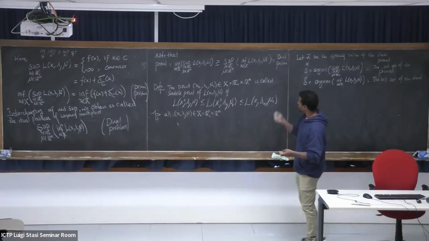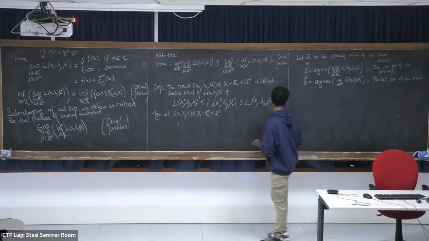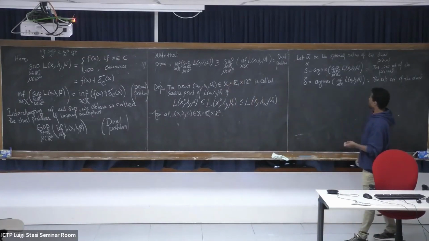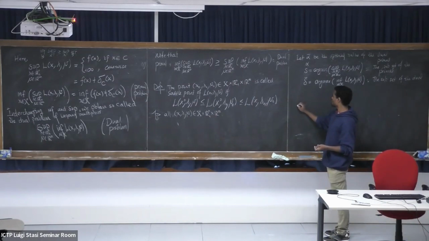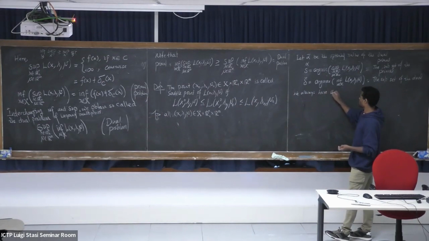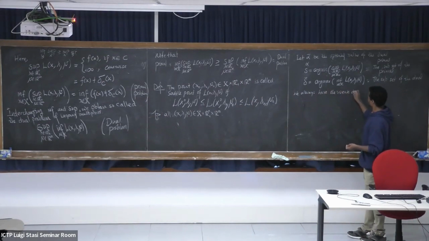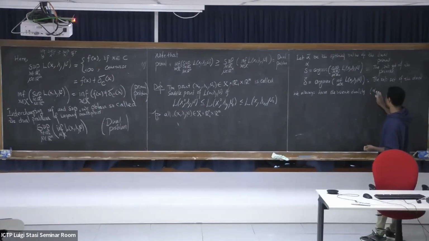So if we have this, as I discussed there also, we have the weak duality, because alpha P is greater than or equal to alpha bar.